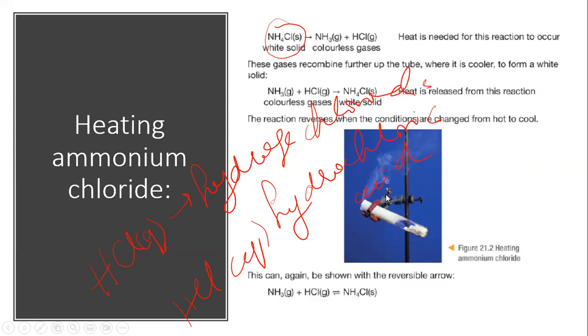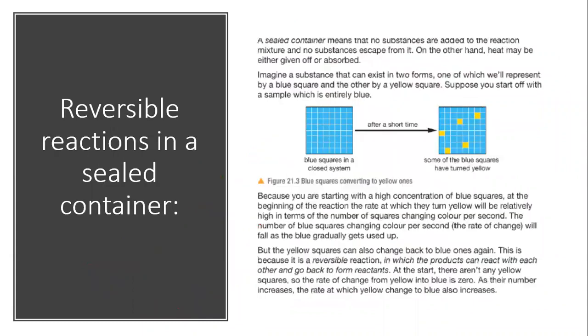So this is another example of a reversible reaction. And you can see that the reaction reversed based on temperature. So when we talk about different factors that affect reversible reactions, one of the factors is going to be temperature. Temperature is one of the main things that can cause a reaction to go forward or go backwards.